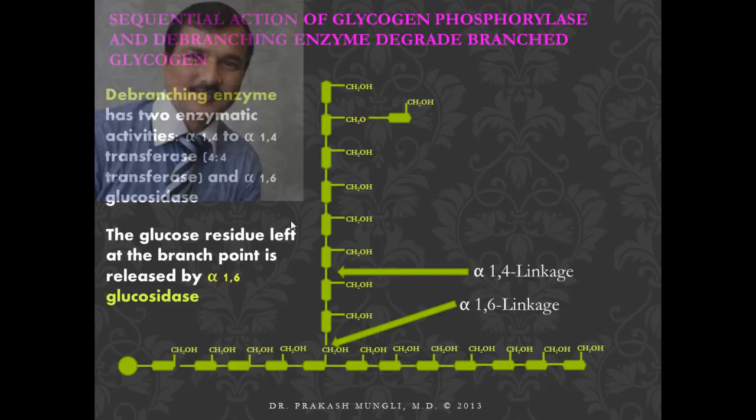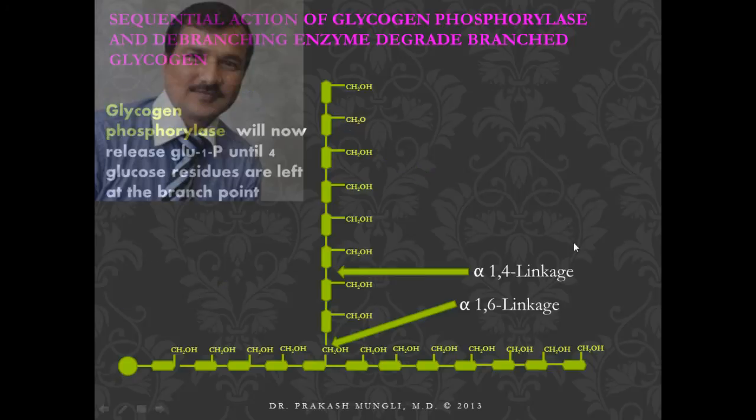Note that glycogen phosphorylase is going to release glucose in glycogen as glucose 1-phosphate, whereas alpha 1,6-glucosidase is going to release this 1 glucose residue left at the branch point as glucose. So it is not releasing it as glucose 1-phosphate, it is the direct glucose that is released. So it is released now.